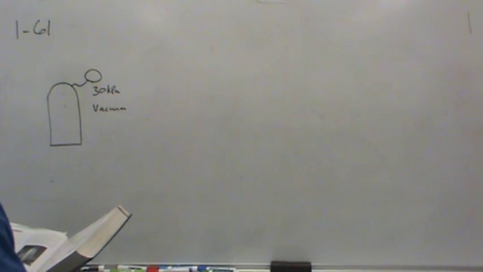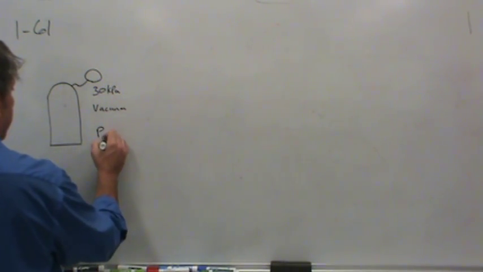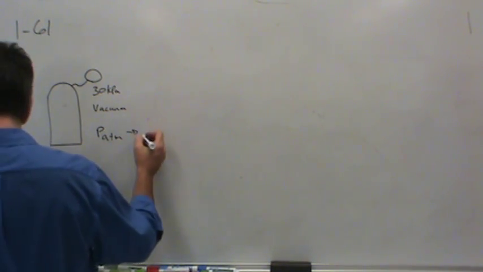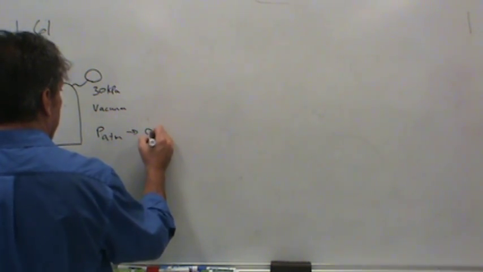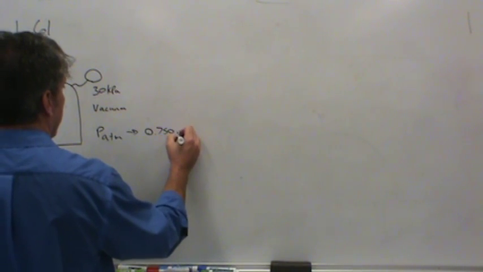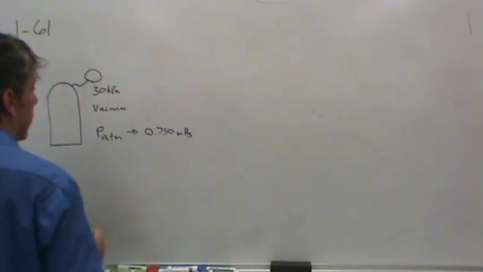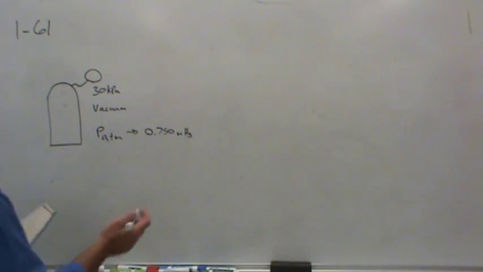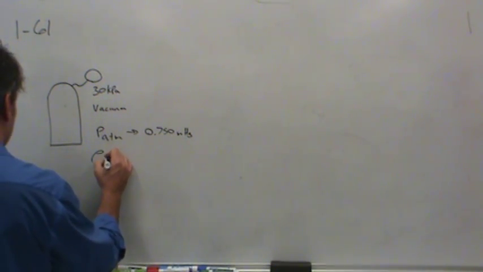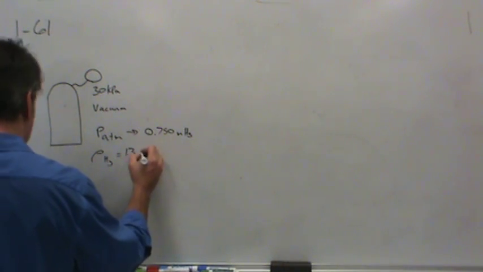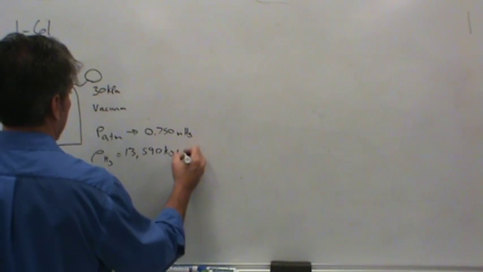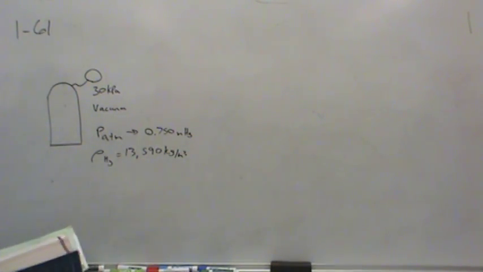And the barometric reading, in other words the atmospheric pressure reading, is going to be taken from, let's just write it this way, 0.750 meters of mercury. And we're supposed to take the density of the mercury to be 13,590 kilograms per cubic meter. So the absolute pressure in the tank is how much?